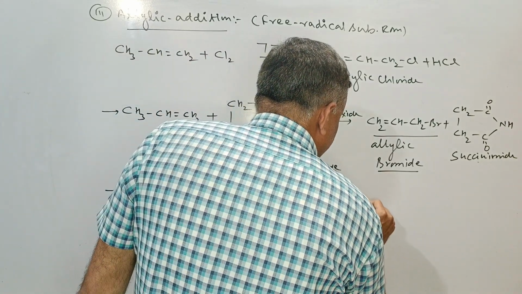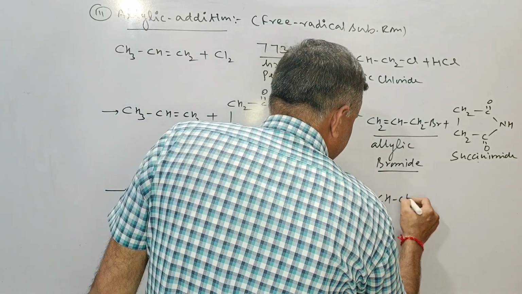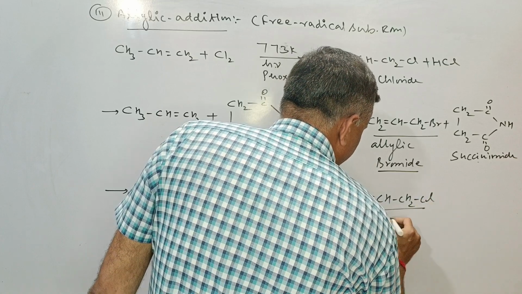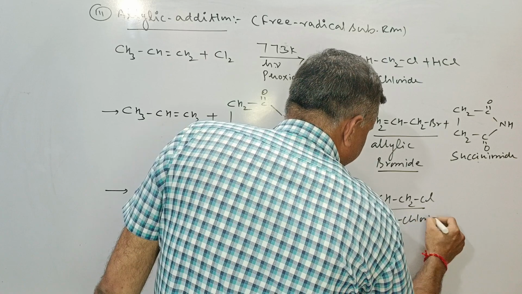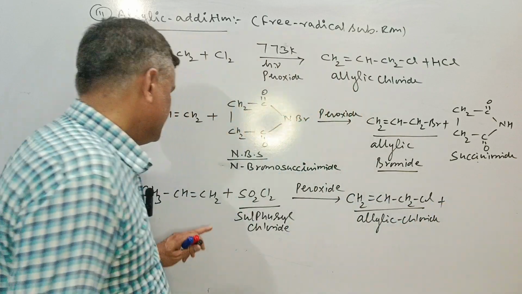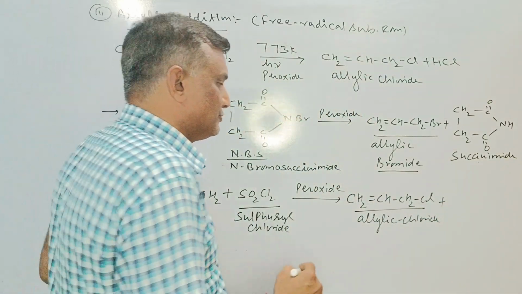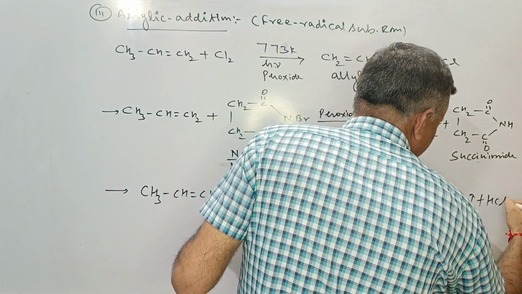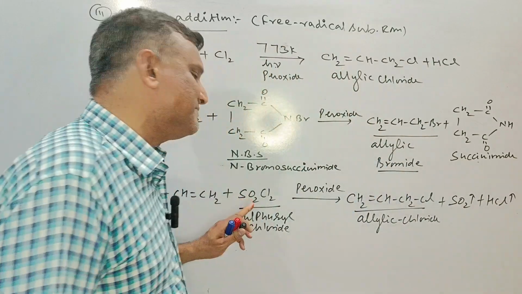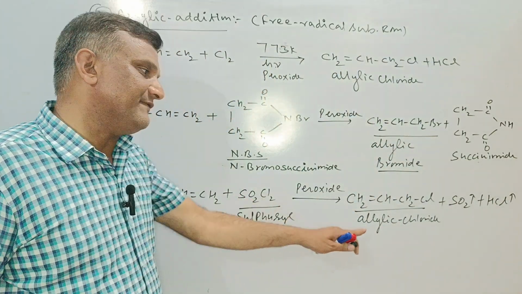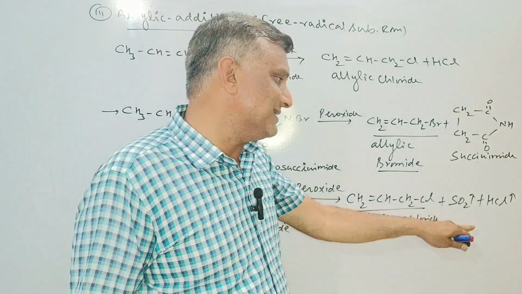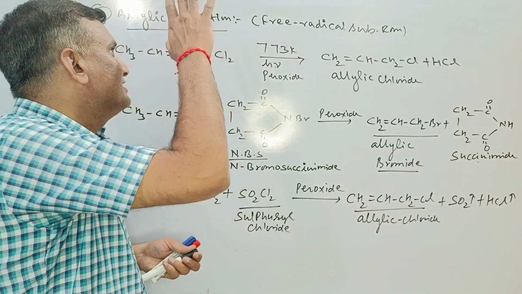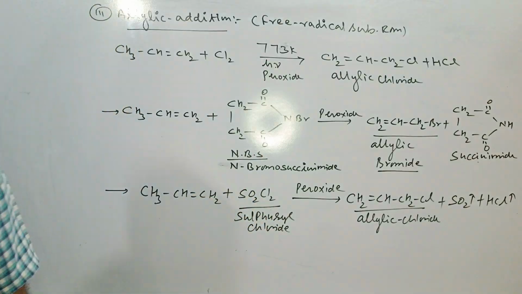This is allylic chloride, and the rest forms SO2 and HCl. We can say it's the best method for the formation of allylic chloride because both by-products, SO2 and HCl, form in the gaseous state. So this was regarding allylic addition.